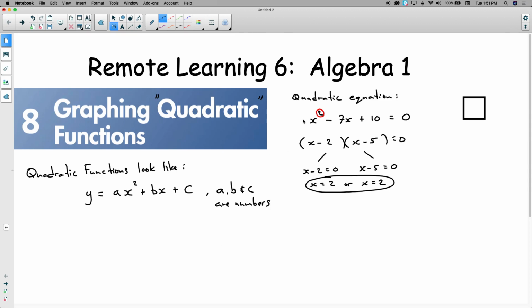Okay, so like 1, -7, and 10. So that'd be like a 1, -7, and 10. Okay, x is the input, and y is the output.